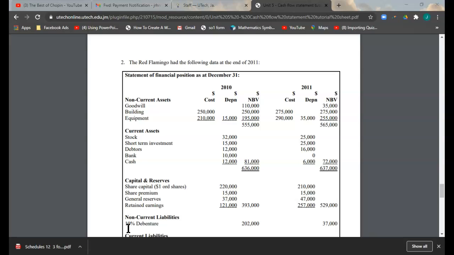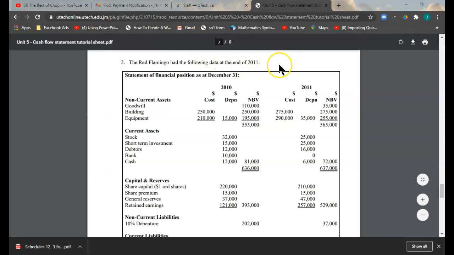And just to recap, remember I had said that you need 3 sets of documents to prepare a cash flow statement. You need 2 balance sheets, now called statements of financial position. Those 2 statements of financial position are on screen, and you'll notice that we are doing the year 2011.